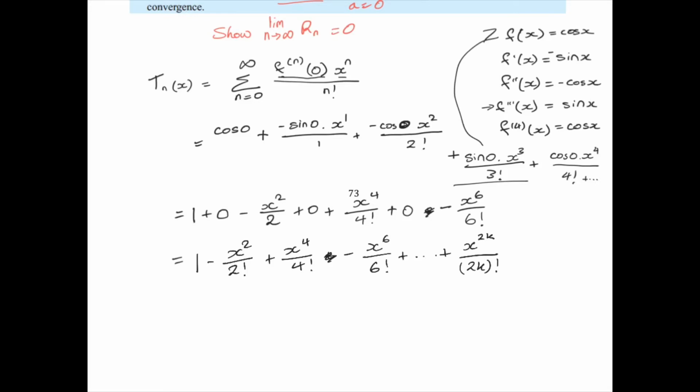Beautiful. But wait a minute, we don't know if the error is approaching 0 yet. What's an expression for the error? Using what we've just realised. x^(2k+1) over (2k+1) factorial.